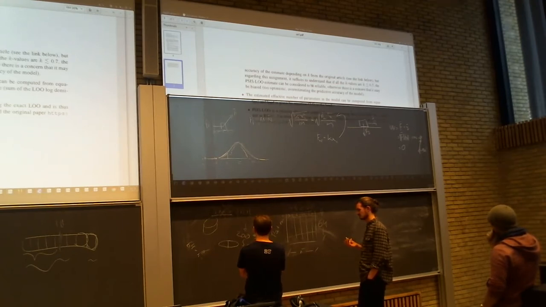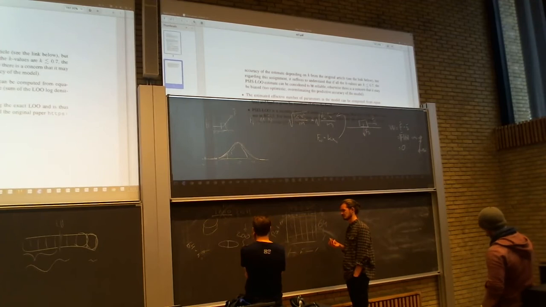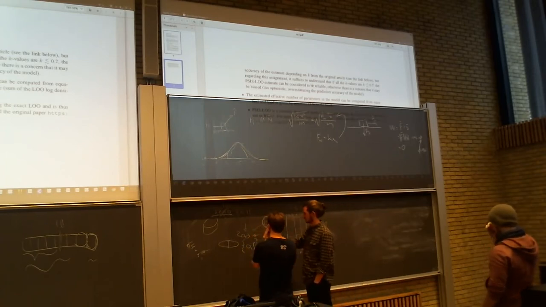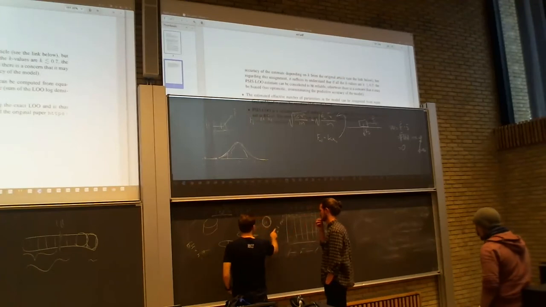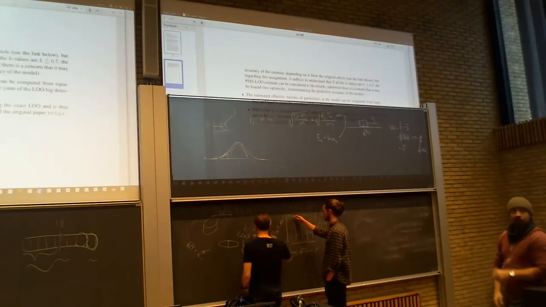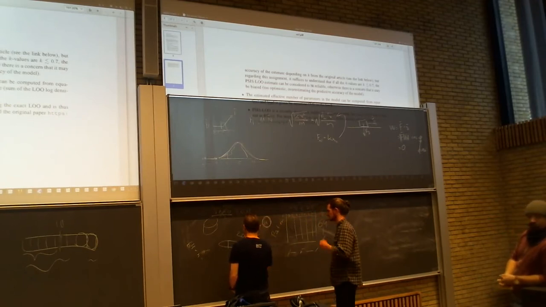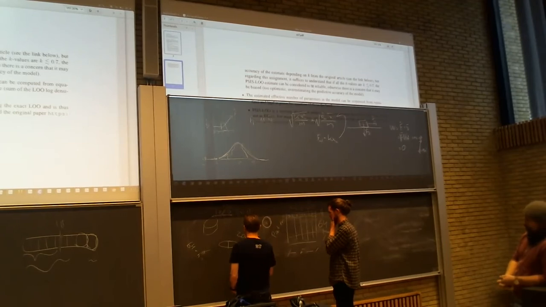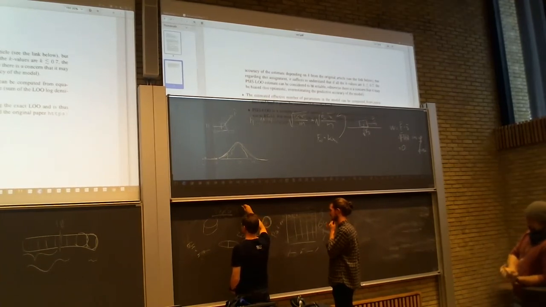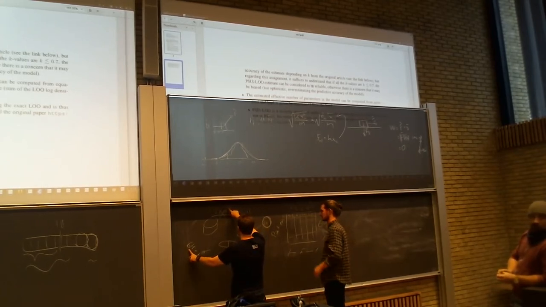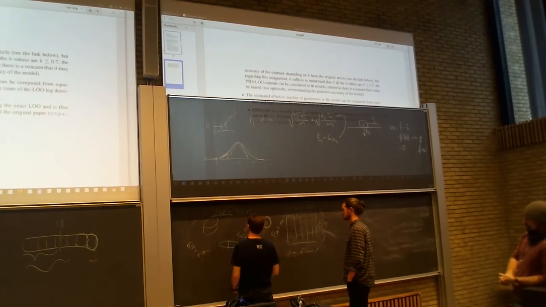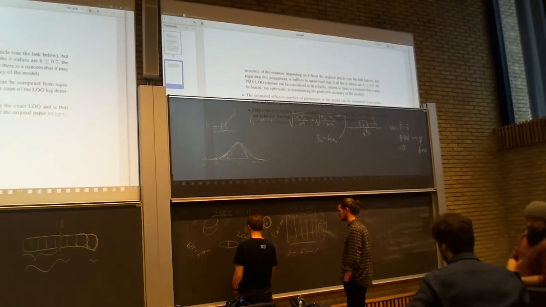Now I try to figure out the overall structure. So this would be sort of my prior. This is the response. And this was the patient's features. Patient features.